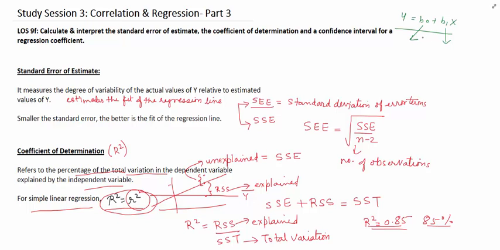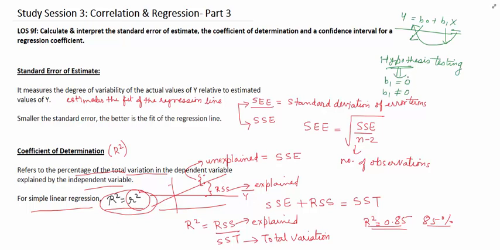Now suppose you want to test whether the independent variable is significant in explaining the dependent variable, which is y. In order to test this, we make use of hypothesis testing, wherein the basic hypothesis that you are testing is whether the slope coefficient is equal to 0 or not. It means whether b1 is equal to 0 or b1 is not equal to 0.